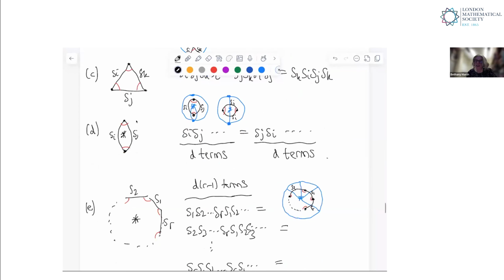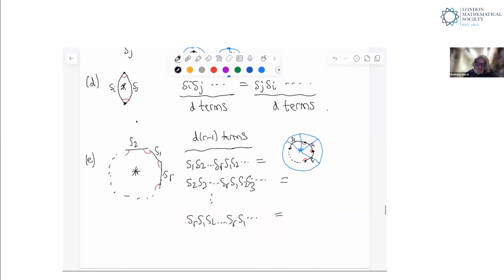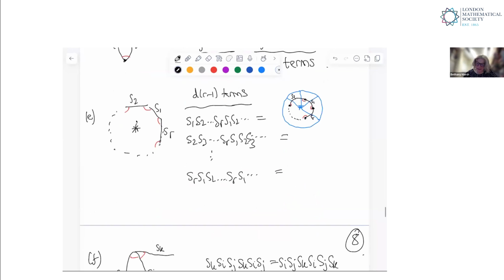So here star is this cone point in the orbifold. So if you braid along each side of it, you can see where this relation is coming from, because if you go around d times, it's the identity. So if you braid along each side d times, it doesn't matter which order you do it. And the next one is a little bit similar.